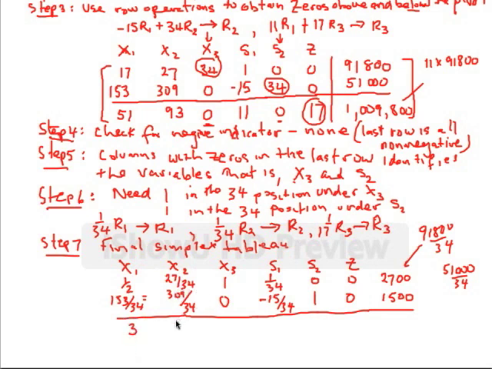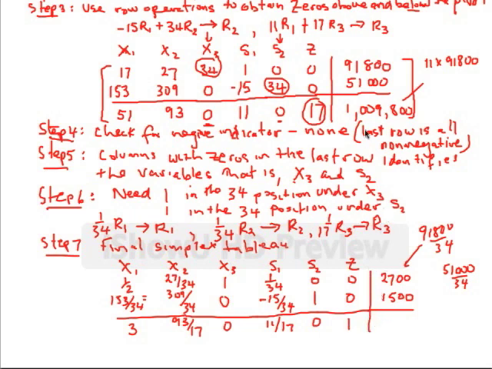We're going to have a 93 divided by 17. 0 divided by 17 is still 0. We have 11 divided by 17. 0 divided by 17 again. A 1 here, which is what we're looking for.